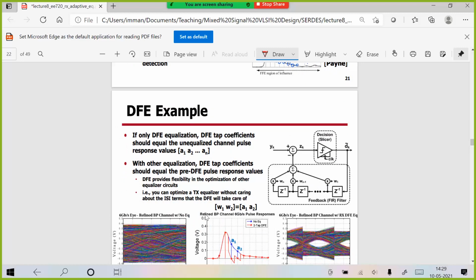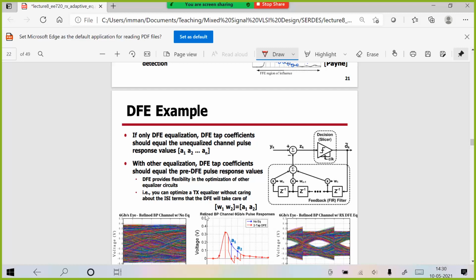But in a typical link, what happens? There is a TX FFE, feed forward equalization, on the transmit side. There is the CTLE's response. All these things are in the picture, and therefore the combined pulse response has changed.